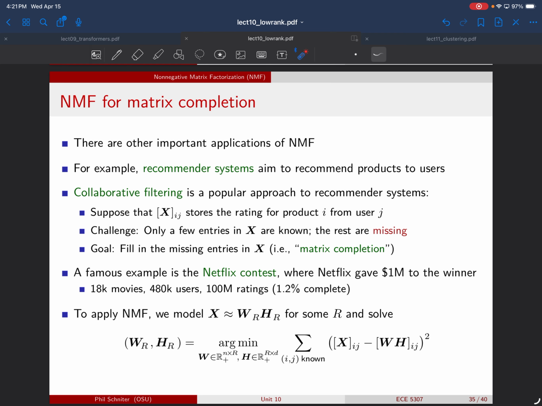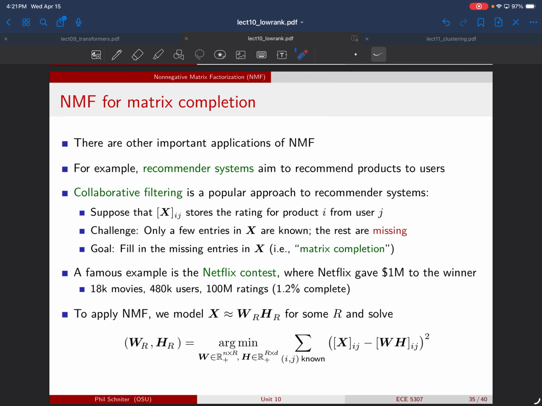So basically you have a matrix where a few coefficients are known, the rest are missing, and your goal is to fill in the missing entries. Thereby, you would figure out the ratings for all products for all users, and then you could use that to decide which ads to show them or which products to recommend for them. And this problem of completing the entries in this matrix is known as matrix completion.